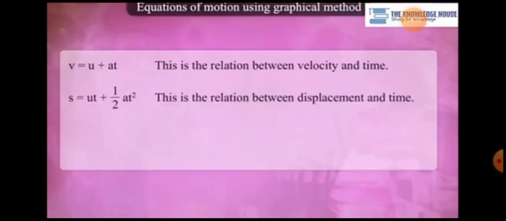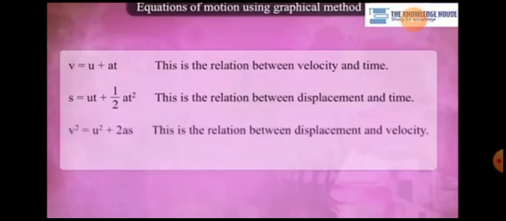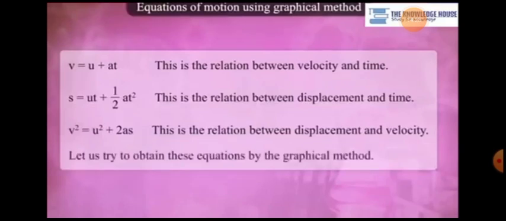This is the relation between displacement and time. v² = u² + 2as. This is the relation between displacement and velocity. Let us try to obtain these equations by the graphical method.